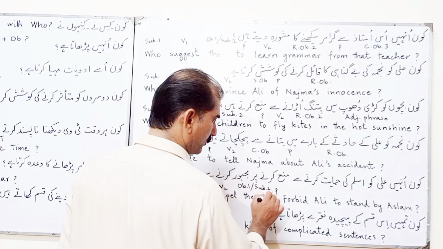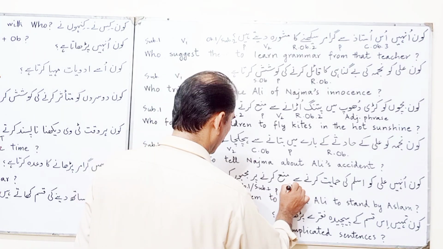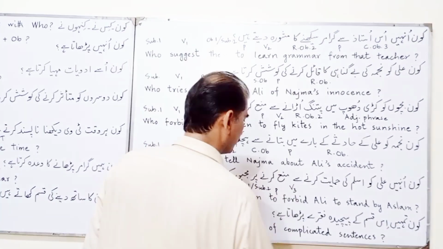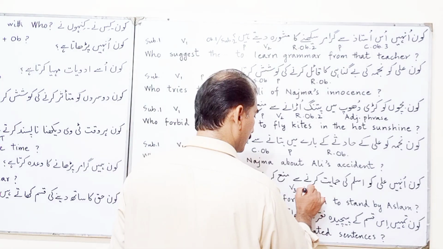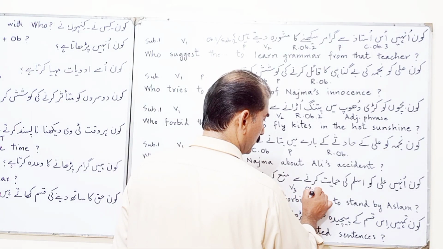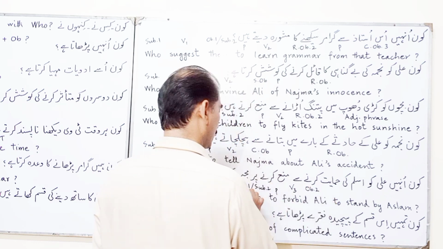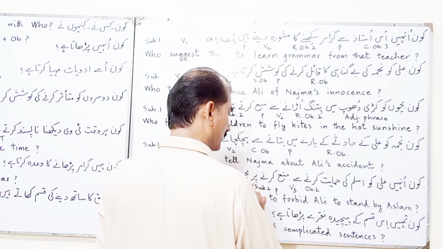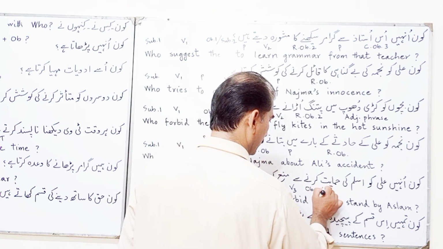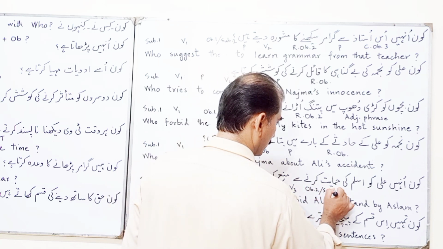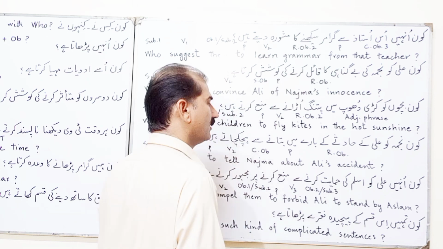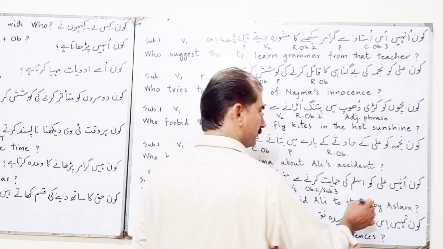Now pay attention, to is our preposition, for which is our verb 3 over here. Ali. Ali is again serving two purposes. It serves as object 2nd for the subject 2nd, and at the same time it serves as subject 3rd for the object 3.